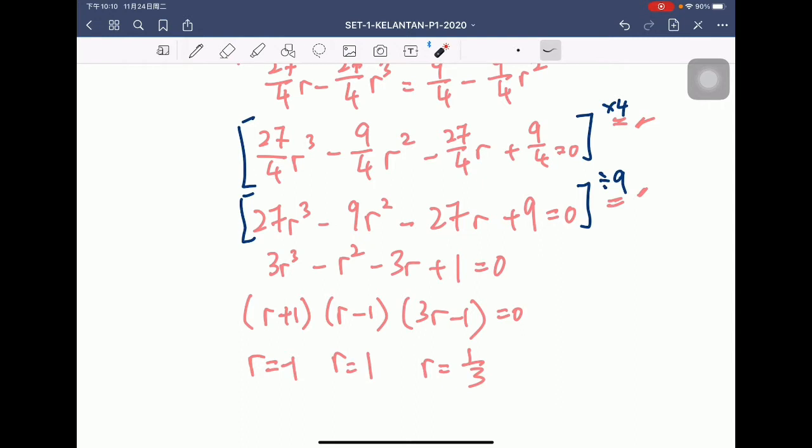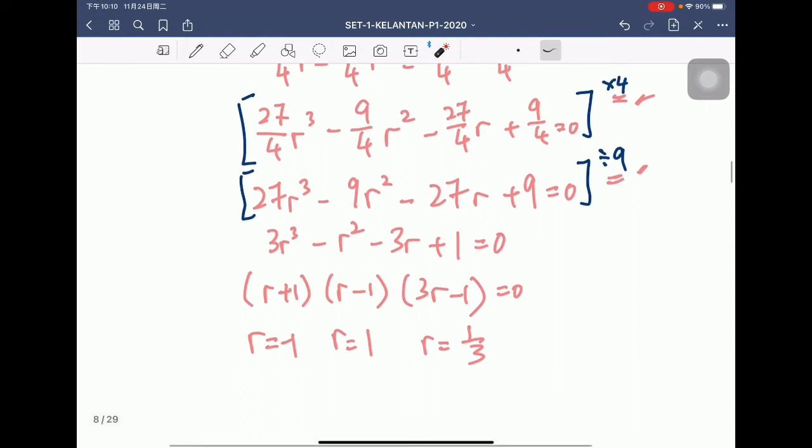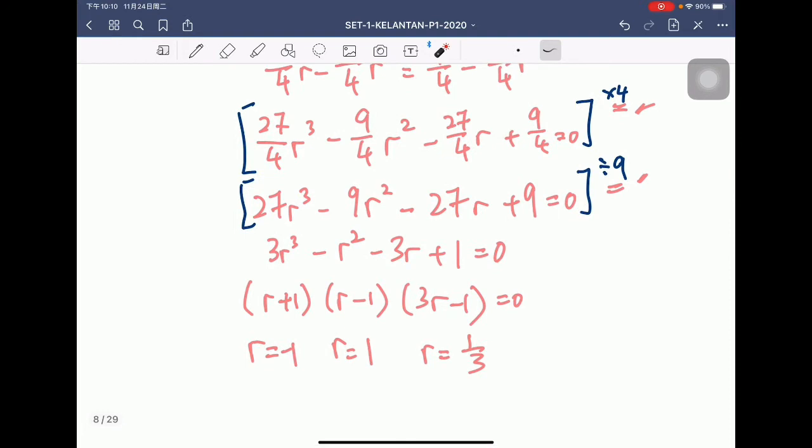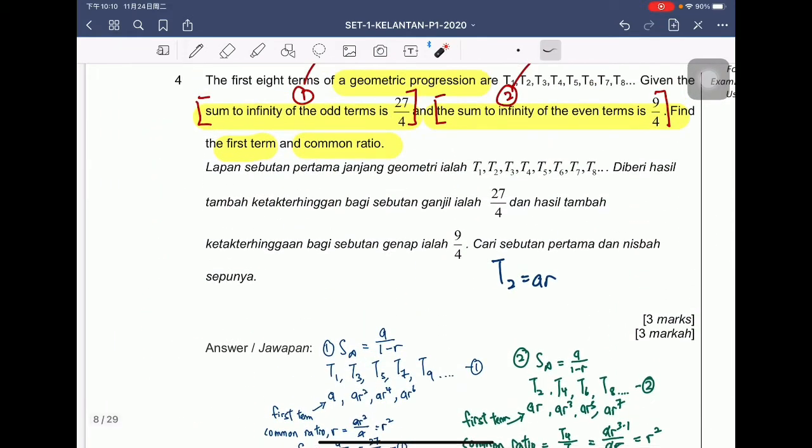So r equals -1, r equals 1, and r equals 1 over 3. Now which answer will you choose? Since this is a sum to infinity equation, what is the characteristic of the common ratio?